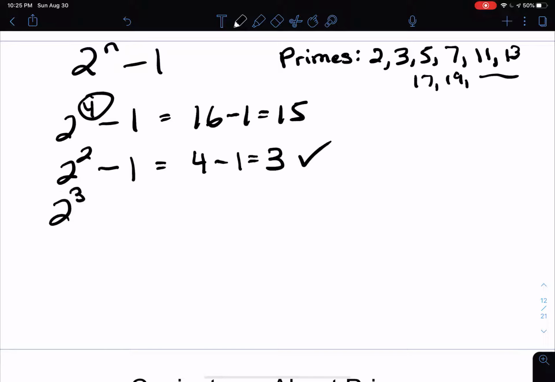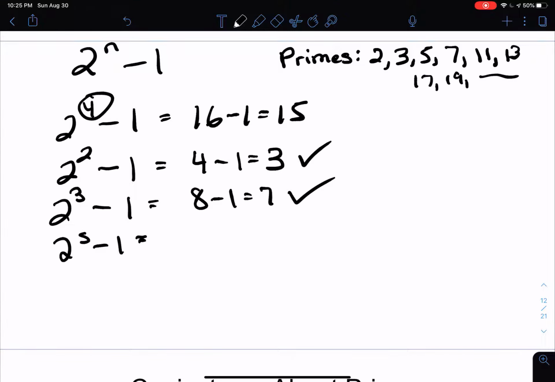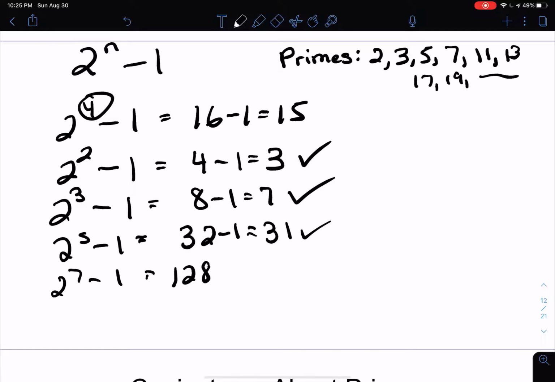If we do 2 cubed minus 1, that's 8 minus 1, which is 7. That's prime. If we do 2 to the 5th minus 1, that's 32 minus 1. 2 times 4, 8, 16, 32. That's 31. Still prime. If we do 2 to the 7th, that's 128 minus 1.